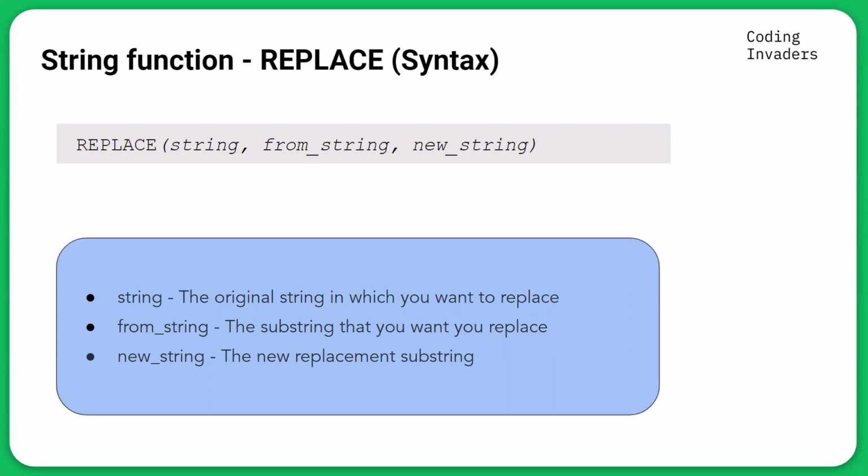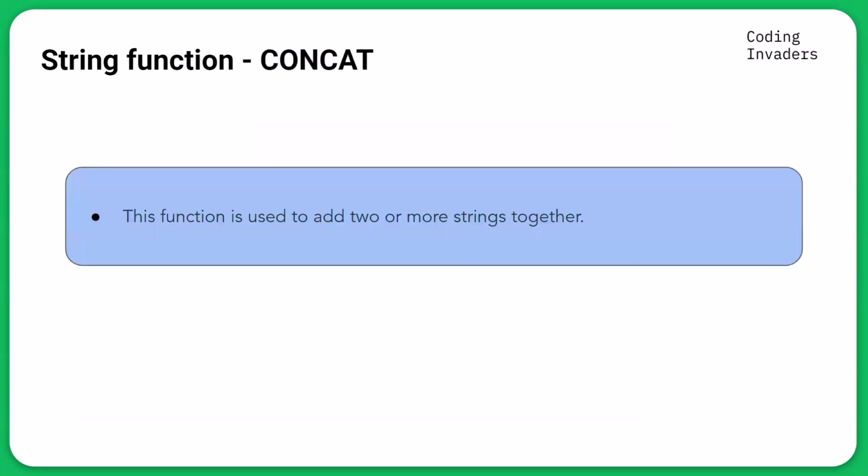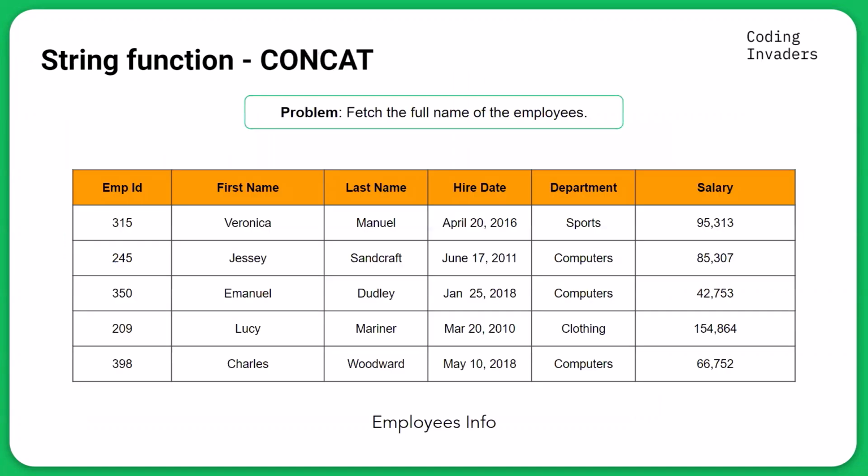Now let us go to the next string function, that is concat. Concat is used to add 2 or more strings together. Let us take an example. Let us consider the employees info table in this case. Now we need to fetch the full name of the employees. But we do not have any column such as full name. But we do have first name and last name.